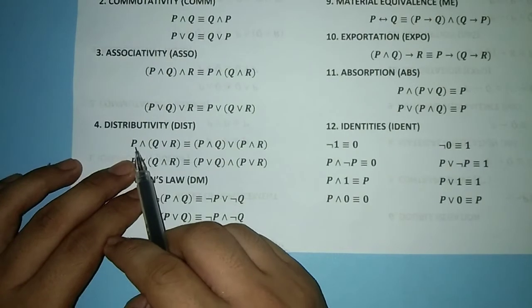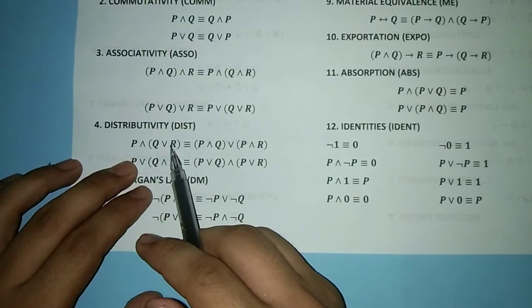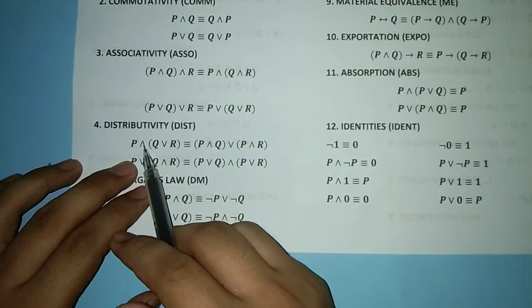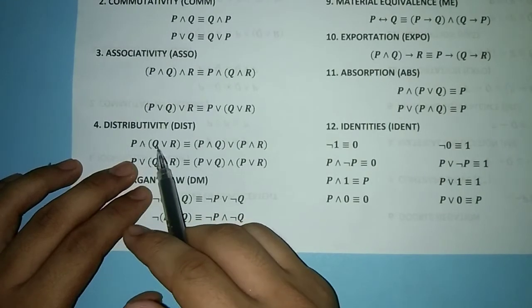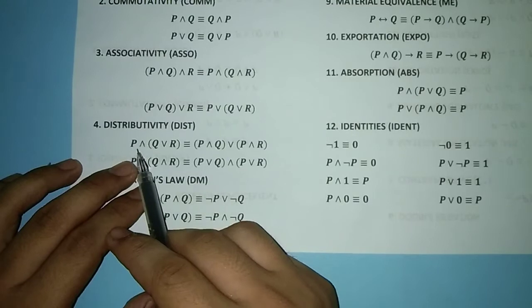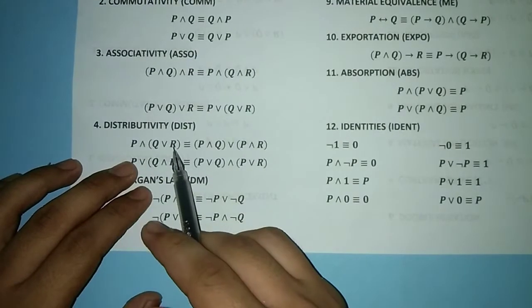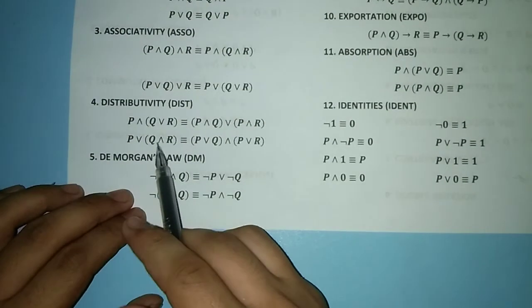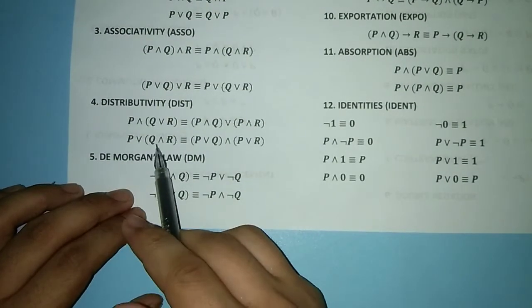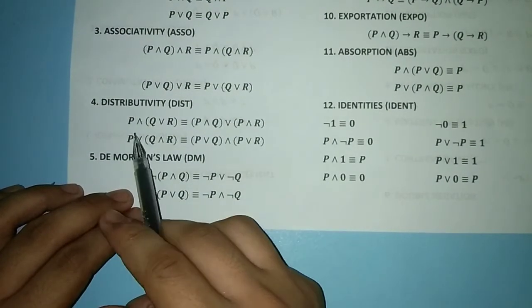Kapag may nakita niyo yung P and quantity Q or R, so as you can see magkaiba, pwede mo siyang i-distribute. So i-distribute mo yung P and Q, then or, P and R. Then P or Q, and P or R.